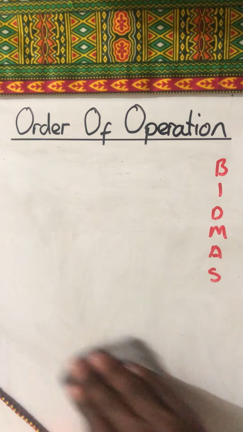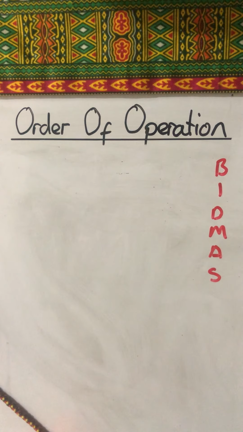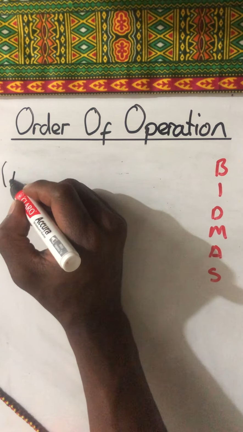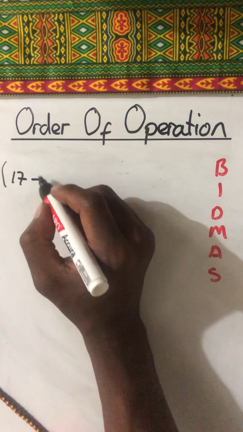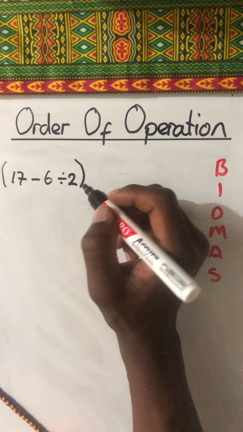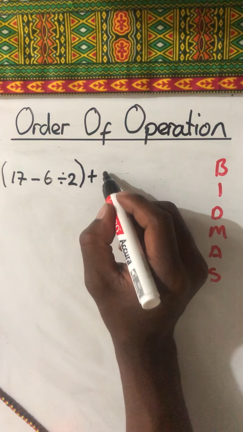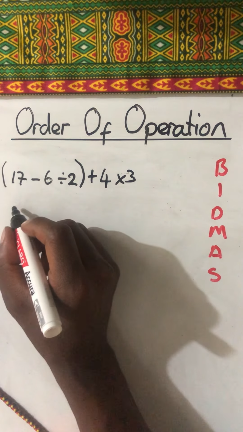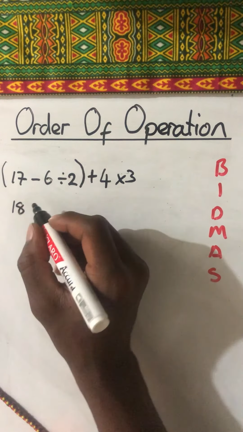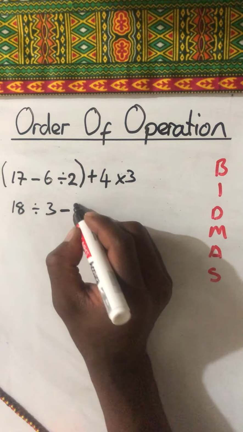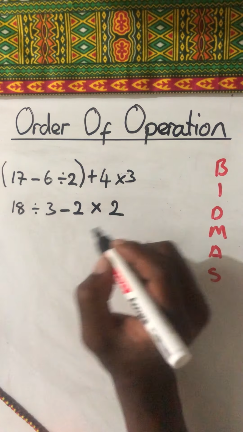Now, the next thing I'm going to do is write a few questions that you will attempt on your own, right? So we have 17 minus 6 divided by 2, close the brackets, plus 4 times 3. And then the second one will be 18 divided by 3 minus 2 times 2.